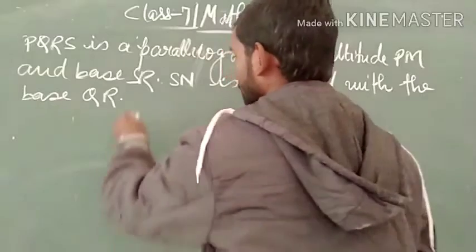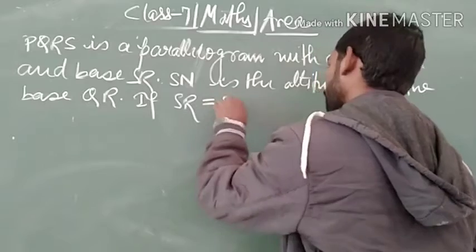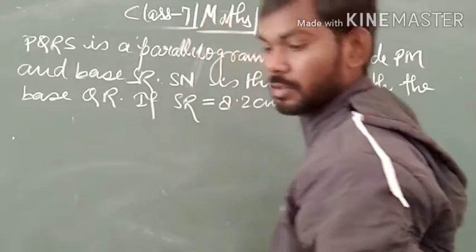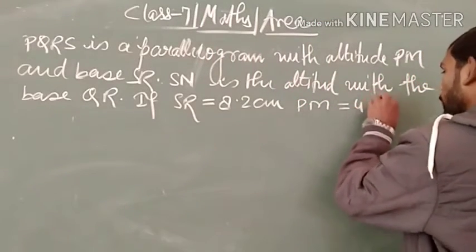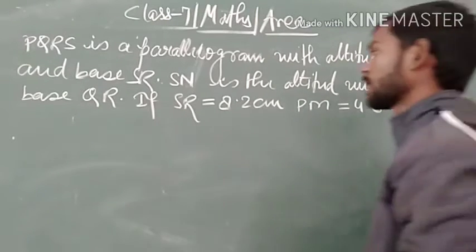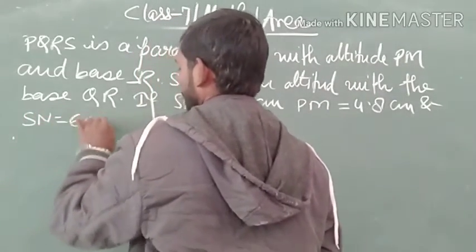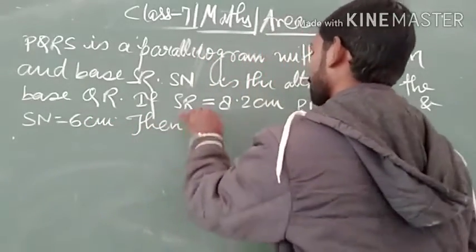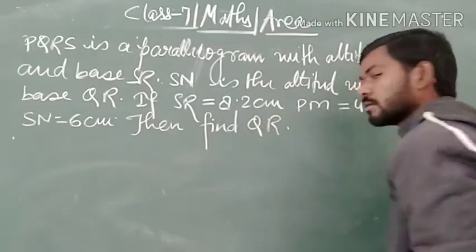If SR is equal to 8.2 centimeter, PM is equal to 4.8 centimeter, and SN is equal to 6 centimeter, then find QR.